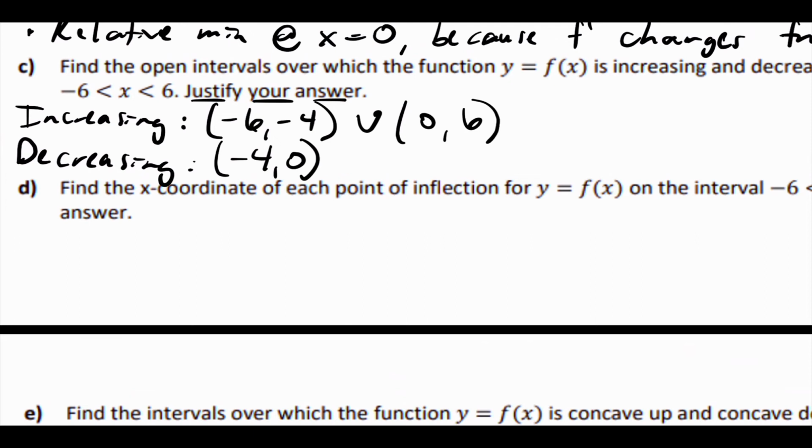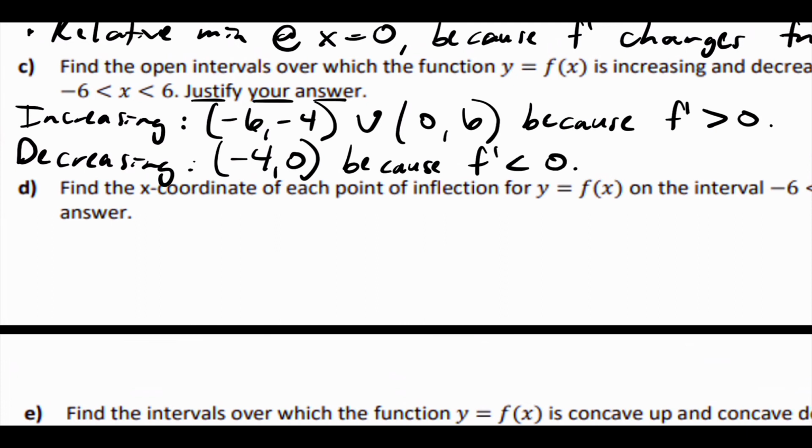Increasing when f prime is positive. So we're going to say it was increasing because f prime is positive. And it was decreasing because f prime is negative. Okay, that's the reason why.